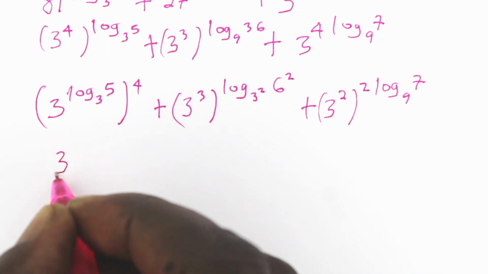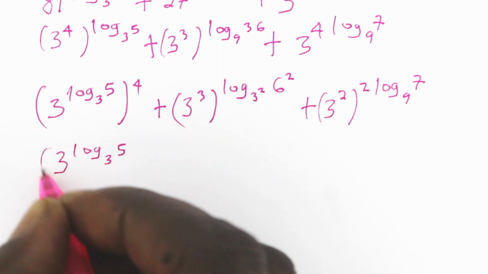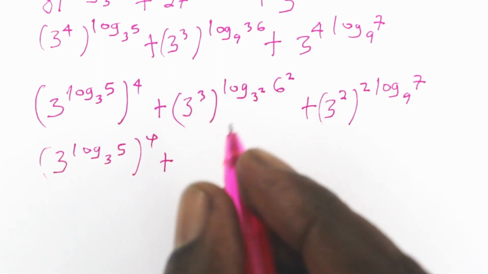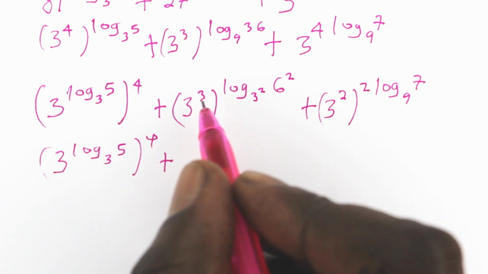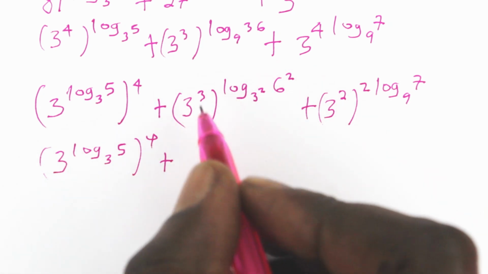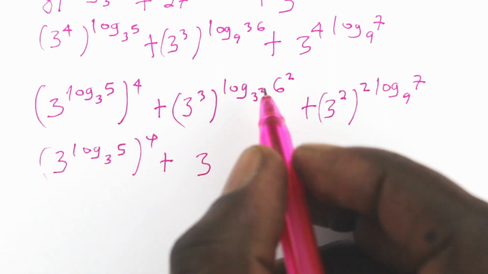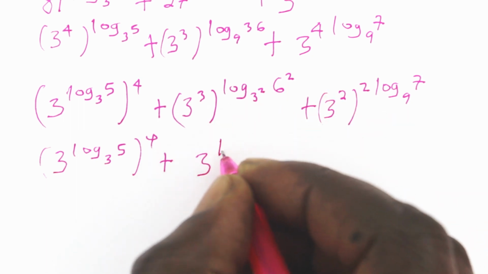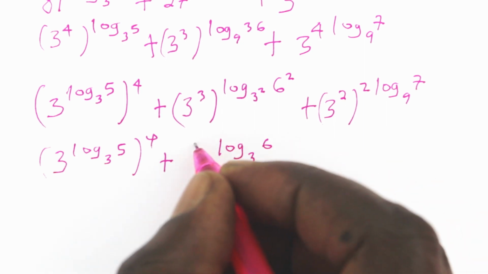So we're going to have 3 raised to the log to base 3 of 5 raised to power 4 plus this one is going to be, we can switch the powers. We can write the log first, then the inner power later. So we have 3 raised to the log. And like I said, because these powers are the same, we can just take log to base 3 of 6.